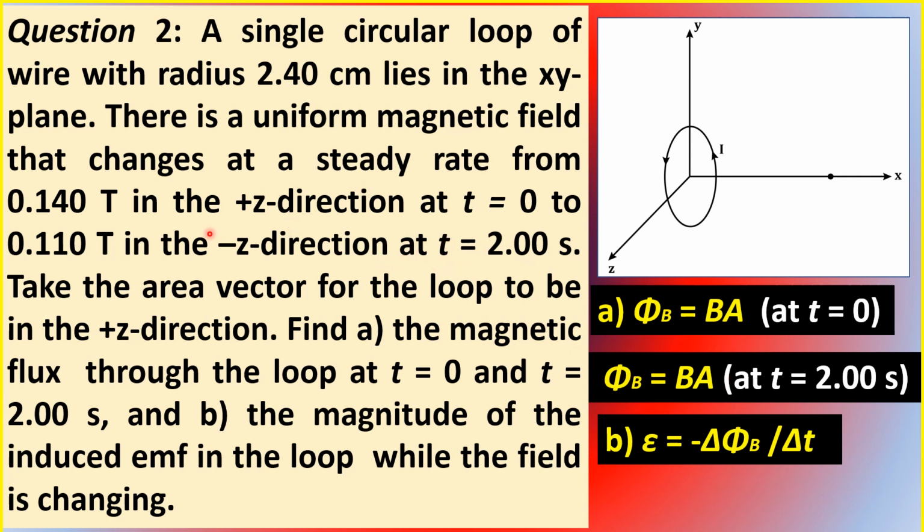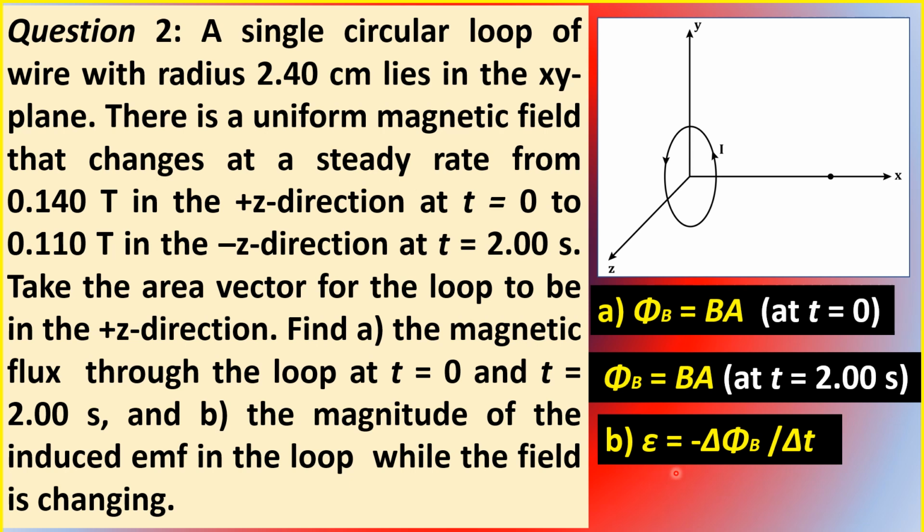A change from a magnetic field whose magnitude is 0.140 Tesla to a magnetic field whose magnitude is 0.110 Tesla and whose direction has been reversed from the original positive z direction, it's now towards the negative z direction.